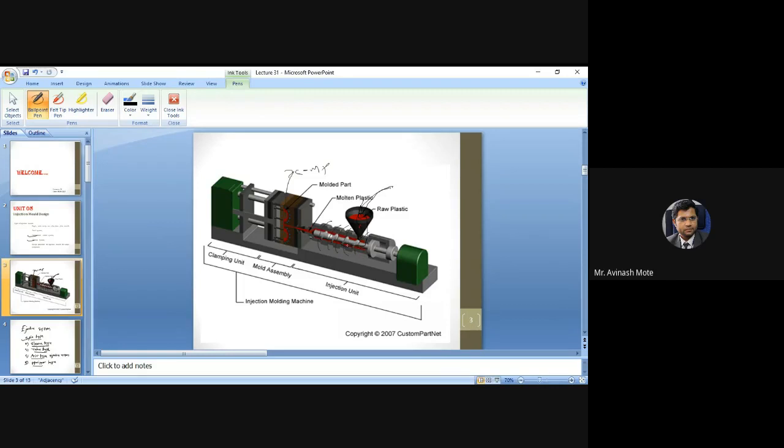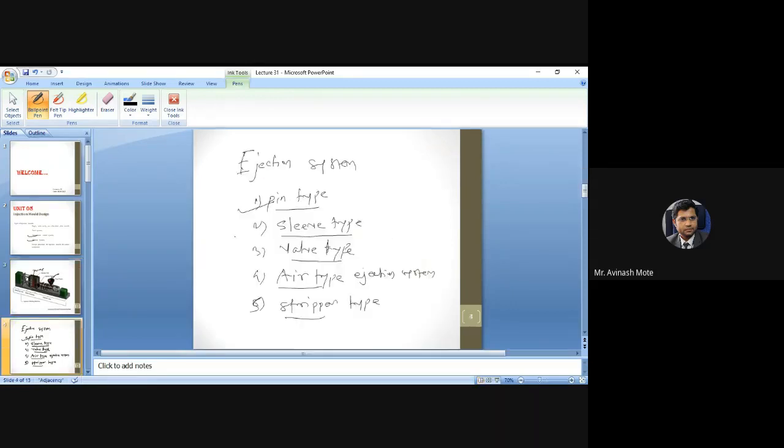This red colored material is there, and parallelly there are heating coils around this barrel, which will heat the material, which will melt the plastic material, and this molten plastic material is passed through this nozzle. Here is the nozzle. It will be passed through this nozzle, and then it will enter into the mold. And this is the mold setup, right? So yesterday we dealt with this injection system, the basic one.